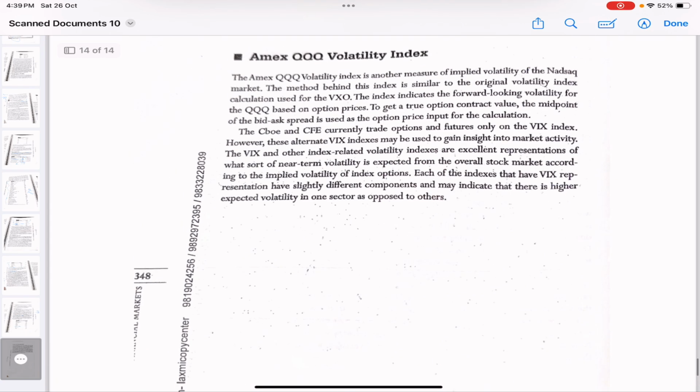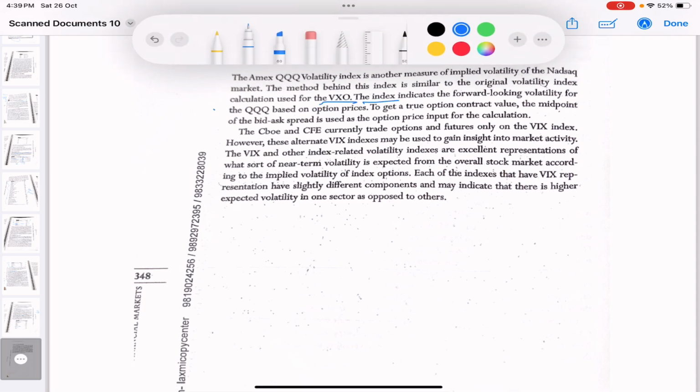Now let's talk about the AMEX QQQ volatility index. The AMEX QQQ volatility index is another measure of implied volatility on the Nasdaq market, but the only difference here is that it is similar to the original volatility in the calculation for VXO, but the index indicates the forward-looking volatility based on option prices. To get through each option contract, the midpoint is used in the calculation.